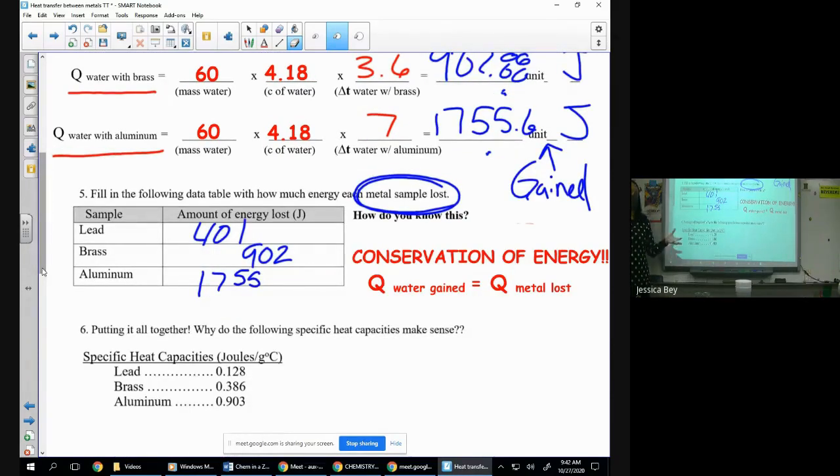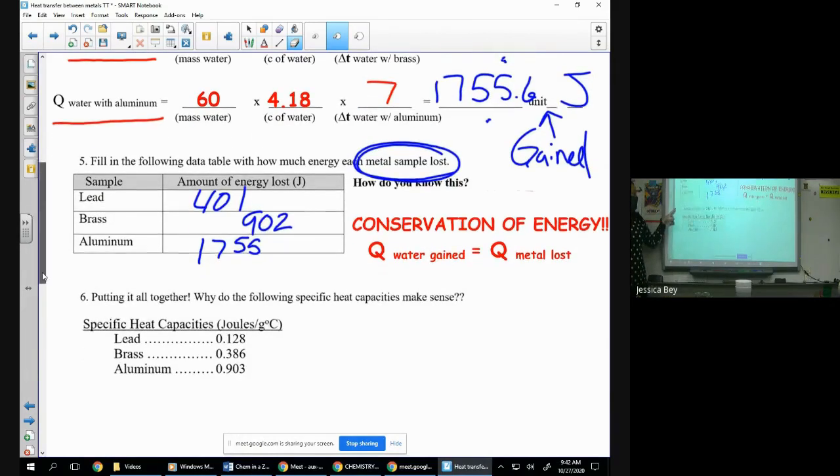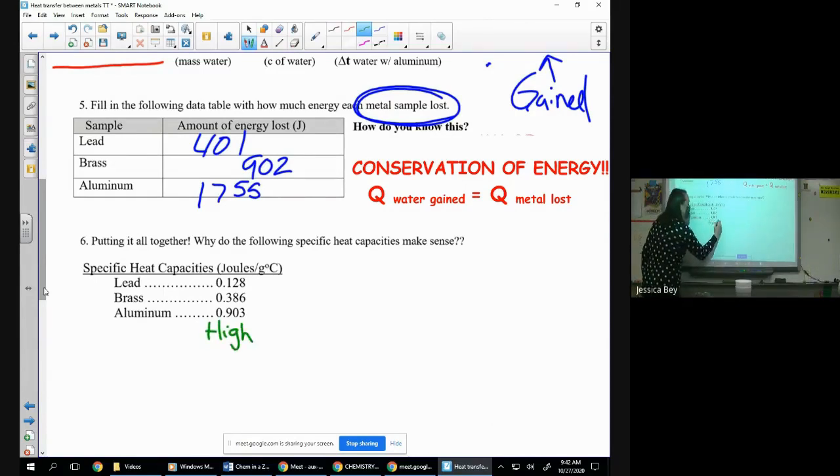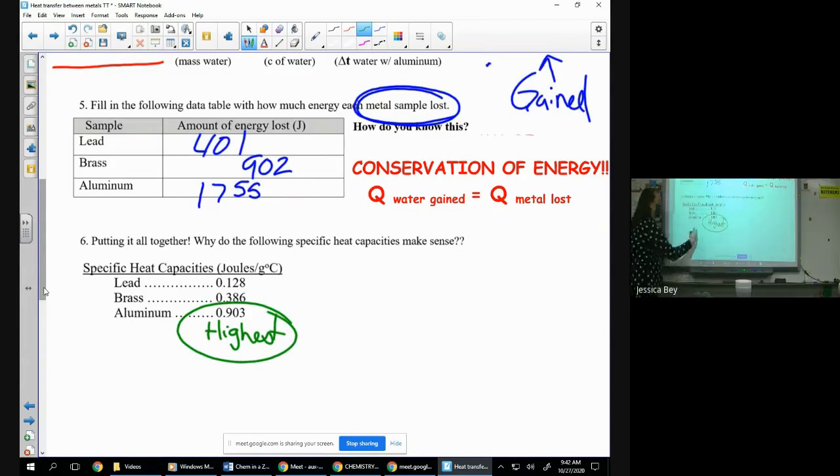So, tying it all together, do these specific heat capacities make sense? And the answer to that is yes. Aluminum has the highest specific heat capacity, and it also had the most thermal energy.